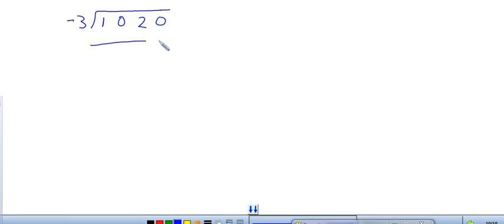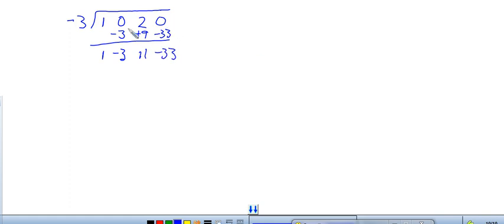I bring down the first coefficient. I'm going to multiply and write it right below the second coefficient. Now I'll combine those together, and now I'll keep doing that. Multiply, combine, multiply, combine.